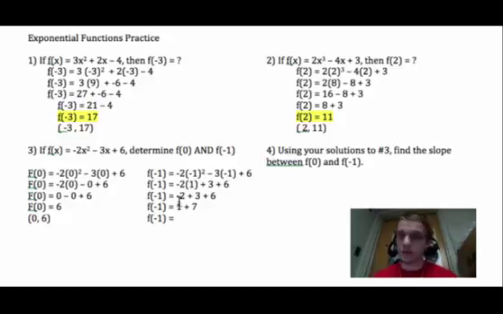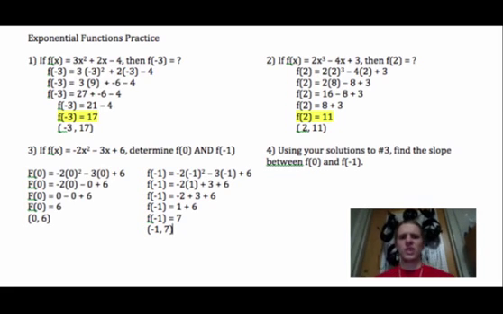Oh, whoa, that's my mistake. -2 plus 3 equals 1. Carry down that 6. 1 plus 6 equals 7. Last thing we might want to do, represent that solution as a coordinate pair. -1, 7 is your solution.